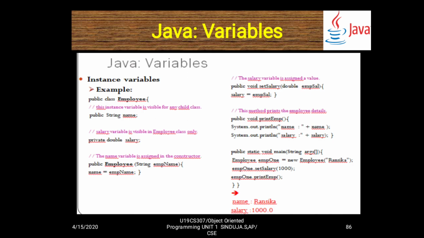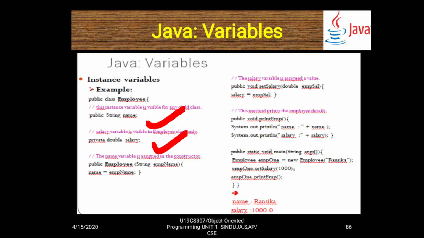Here I have a class called employee. Under the employee, this is your starting bracket and this is your ending bracket. So under the employee, I have two variables. One is name and another one is salary. Both are instance variables in the sense they are defined inside my class but before my method.